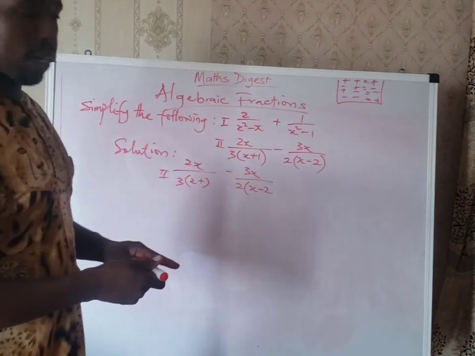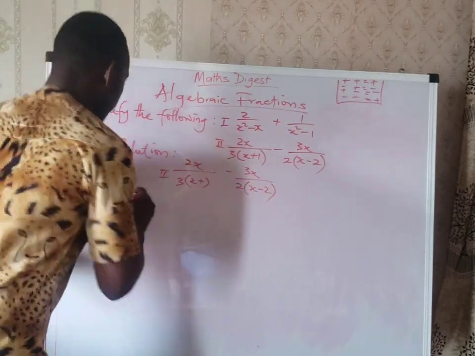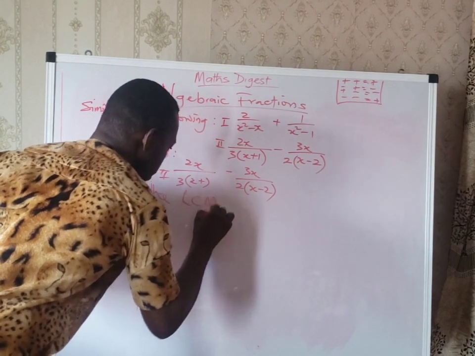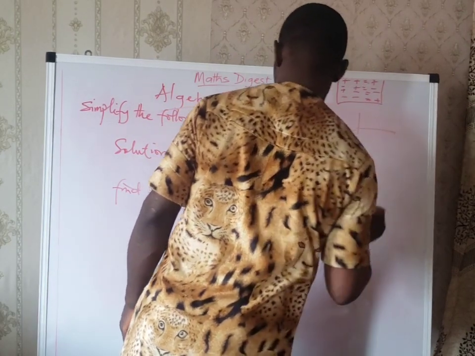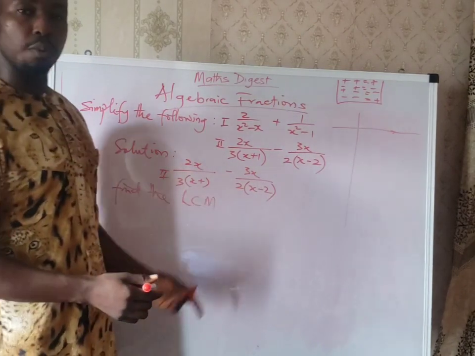Now if we go down to our charts to find the LCM of the denominator here, we still take them as different entities because they are not the same.